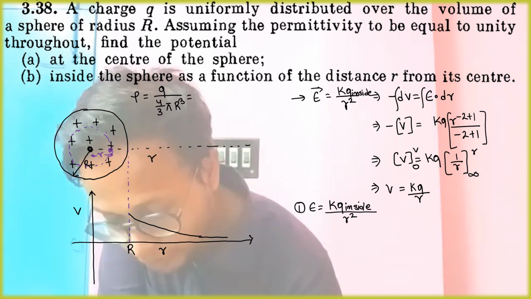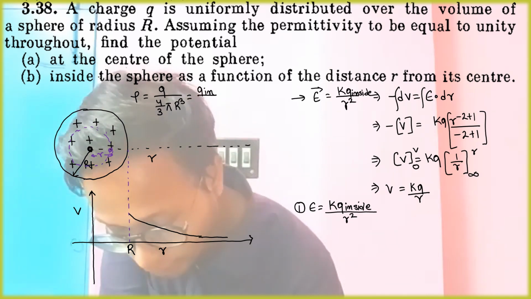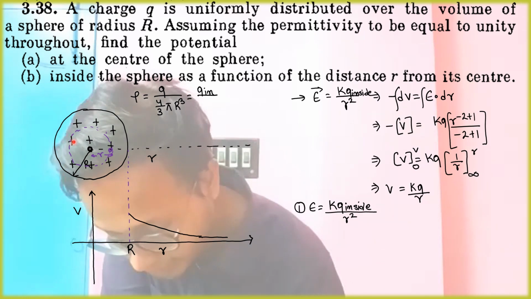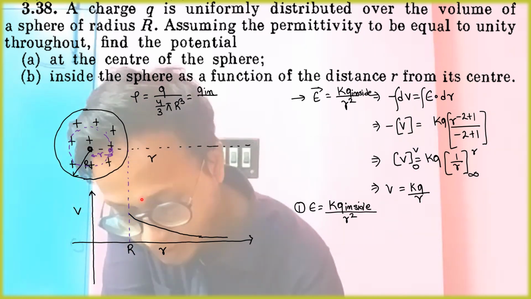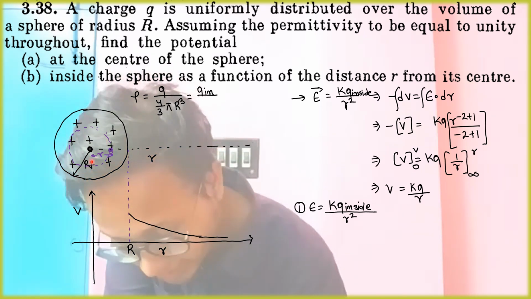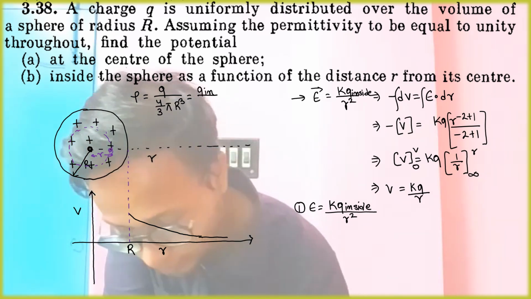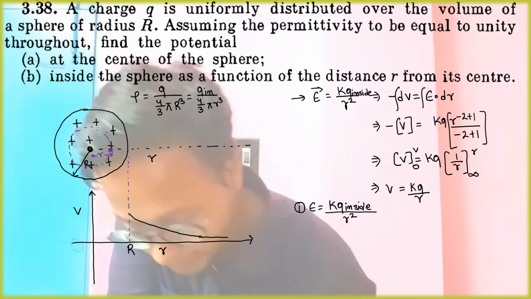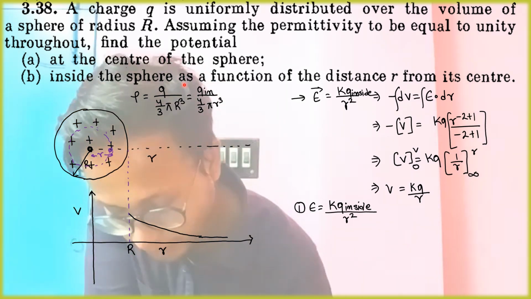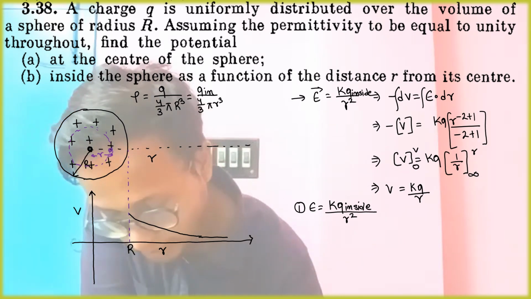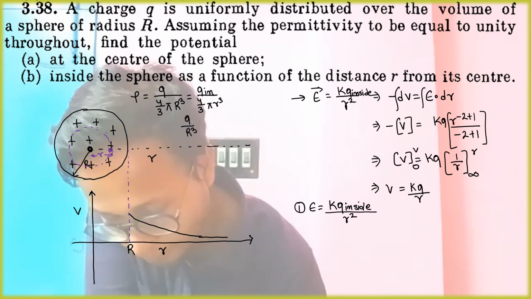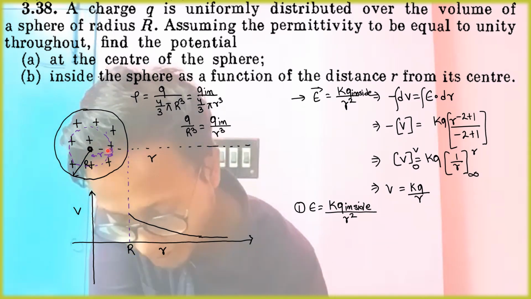Charge density is charge divided by volume, so total charge divided by total volume of the sphere should equal the charge inside the volume that I have taken divided by the volume inside this sphere, which is 4 by 3 pi r cube, isn't it? Now if I take these two equations, Q by R cube is nothing but Q inside by small r cube, where small r is the distance from the center.